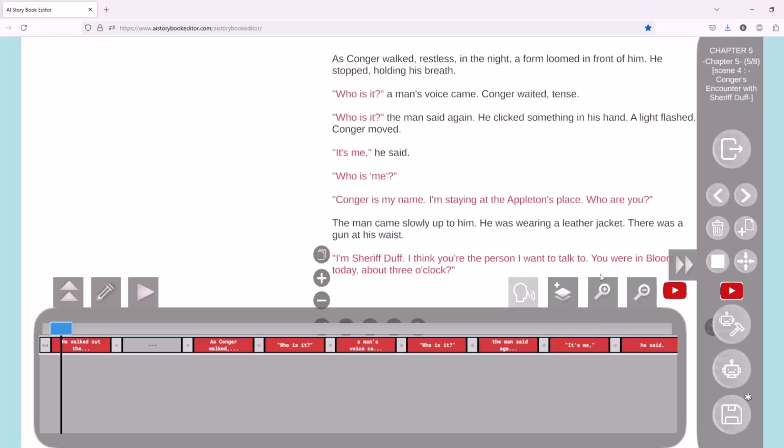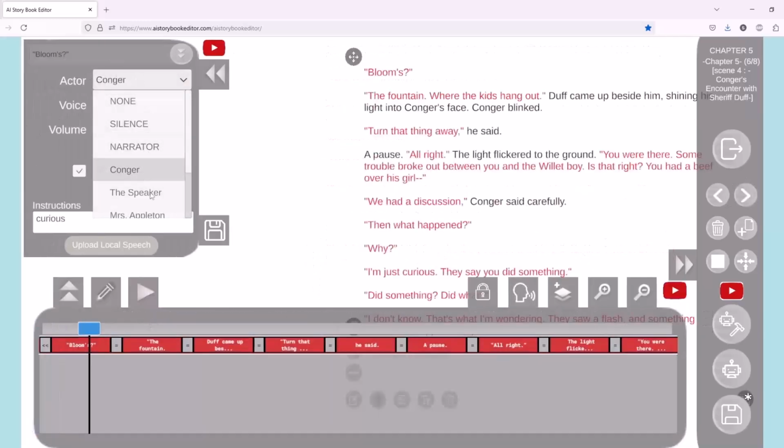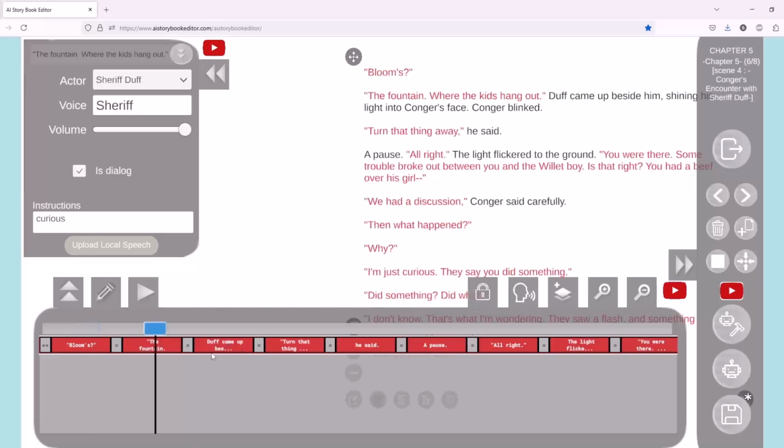I am the sheriff. You were at Bloom. This is Conger. The fountain. Okay. This is Conger.